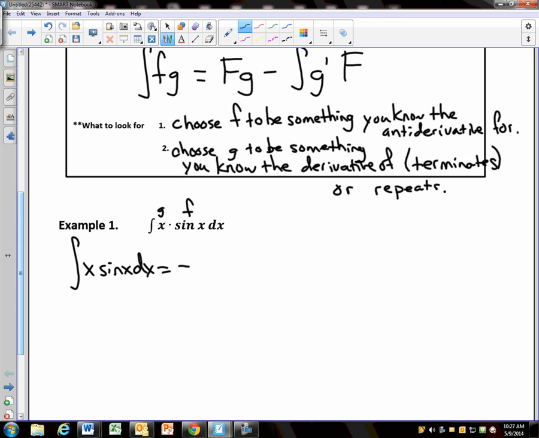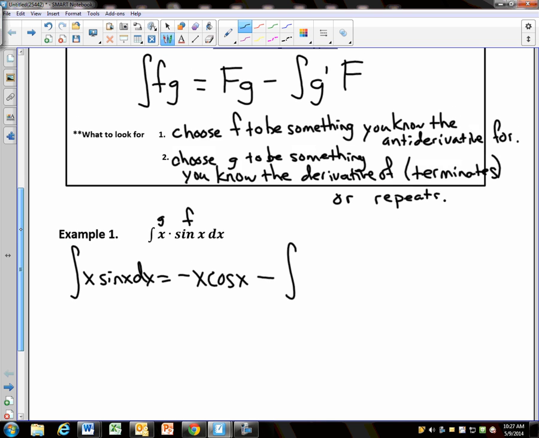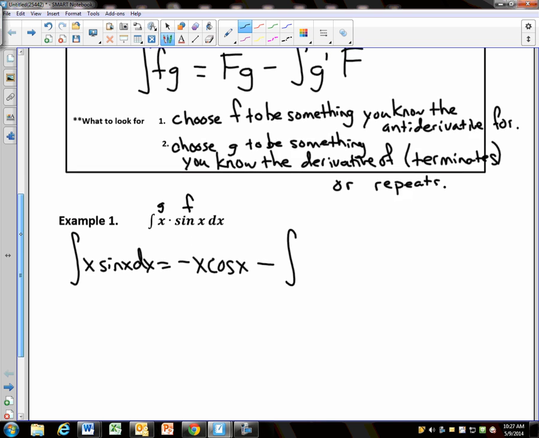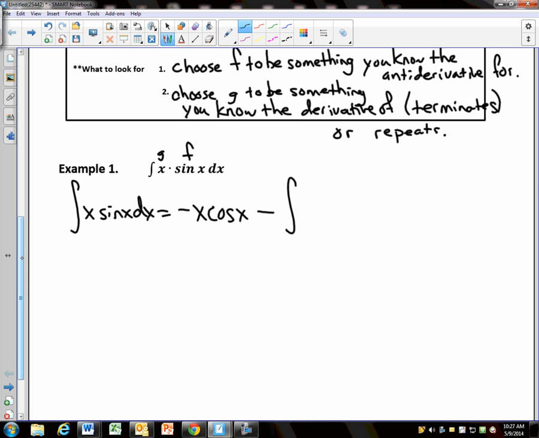So we have negative x cosine of x. That's big F times g. Is everybody clear there? Okay. Minus the integral of, what's g prime? 1 times, what was big F? Negative cosine of x.